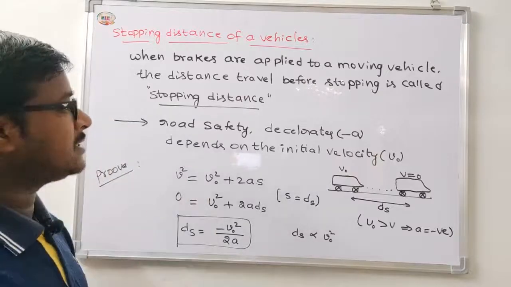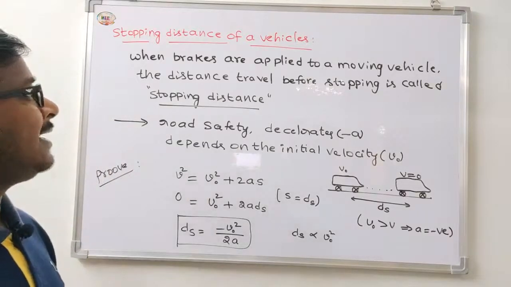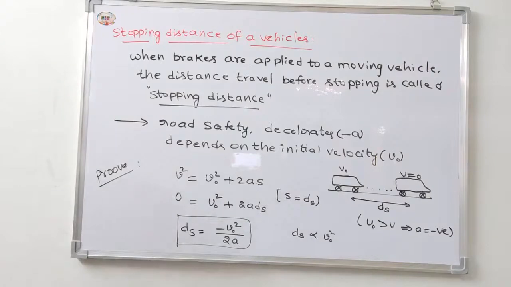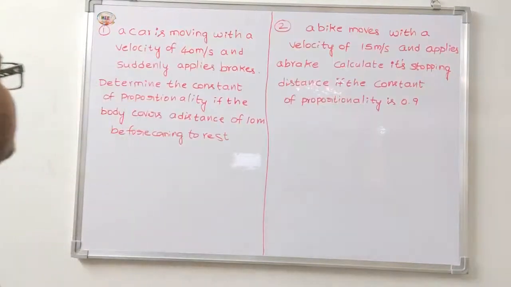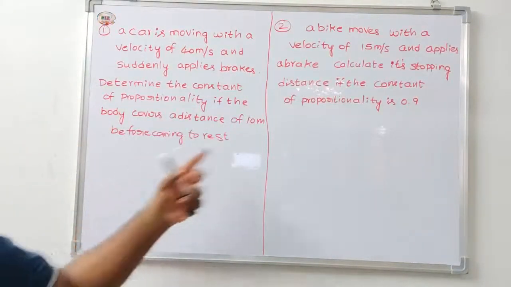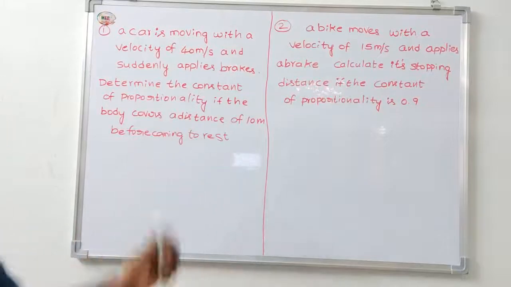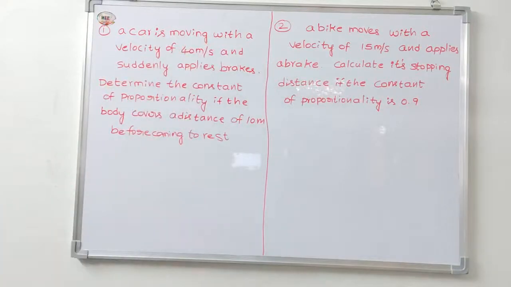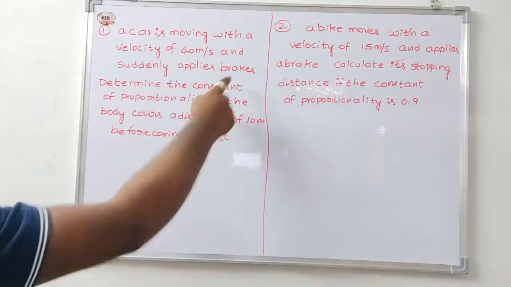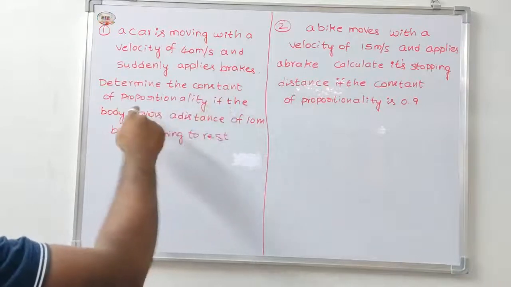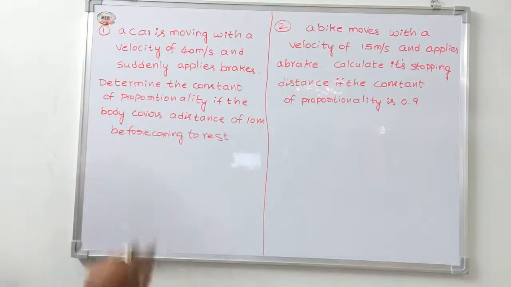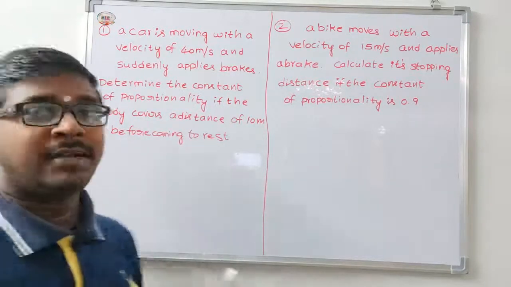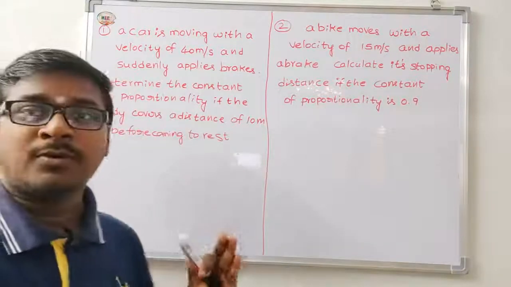Next we will discuss relative velocity. Now students, let us discuss two problems based on stopping distance. First, a car is moving with a velocity of 40 meter per second and suddenly applies brakes. Determine the constant of proportionality if the body covers a distance of 10 meter before coming to rest.